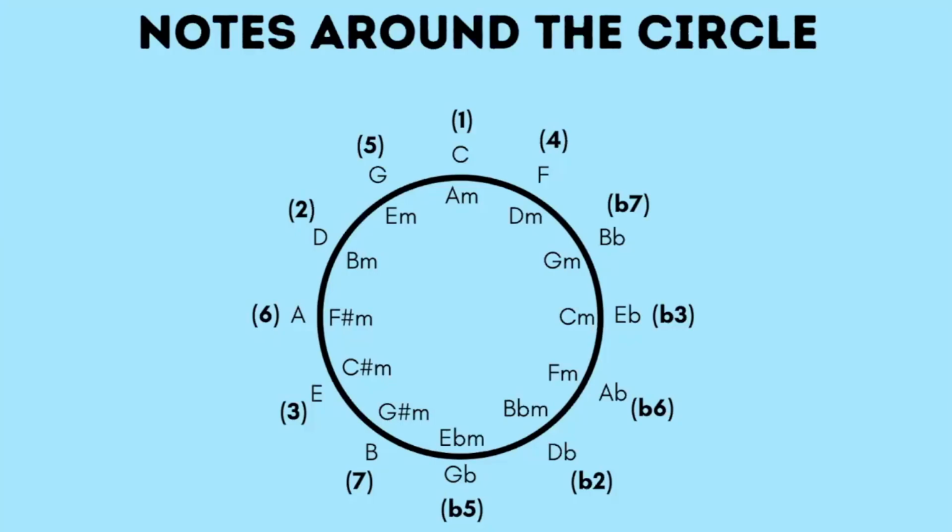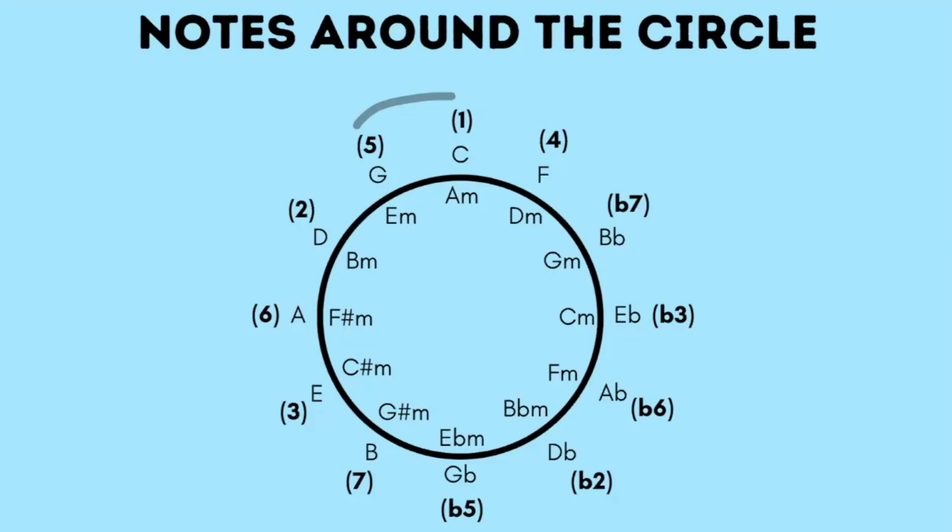Okay. So we have the one here. In this case, it's C. But remember, you can rotate this all the way around. This circle of notes, you can rotate, and these notes on the outside can stay where they are, and it changes with the circle. In other words, if you move the one over to here and move the whole circle around, then the five would be where the D is, and so on.